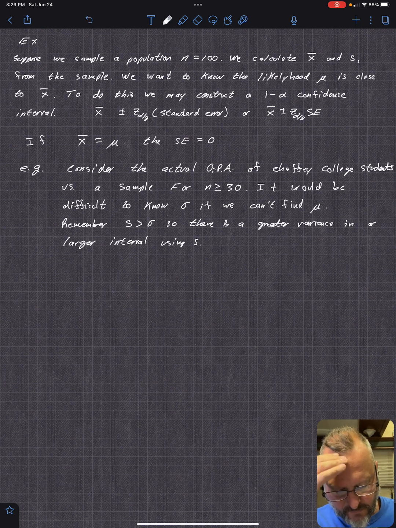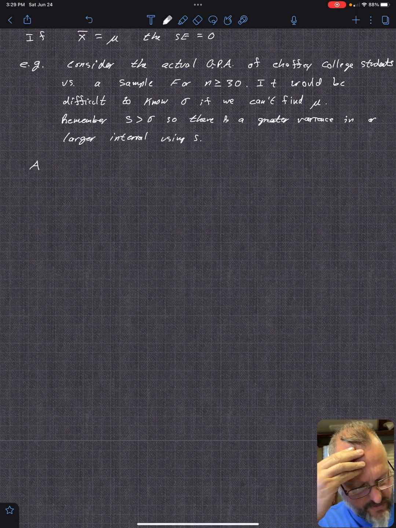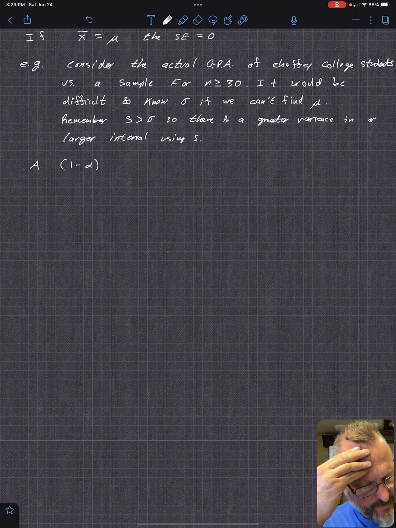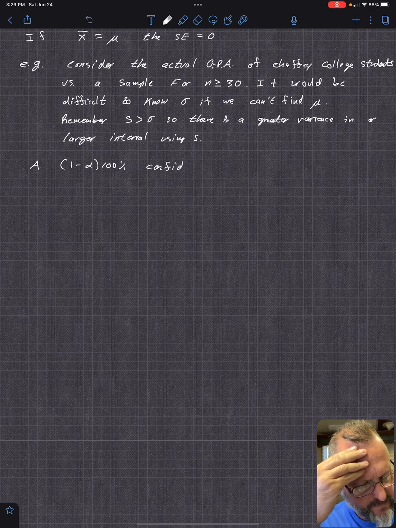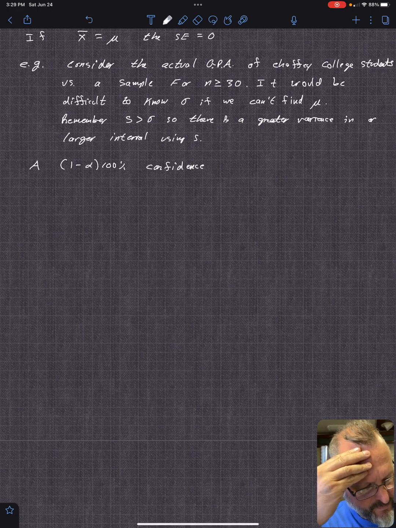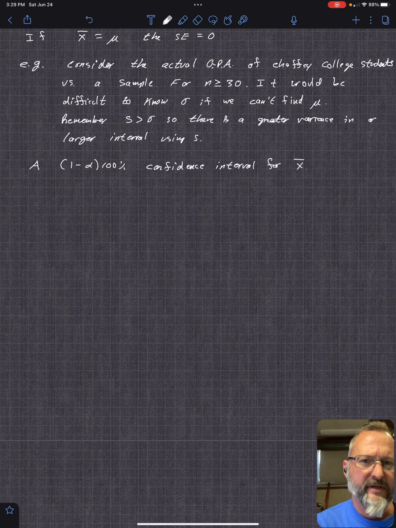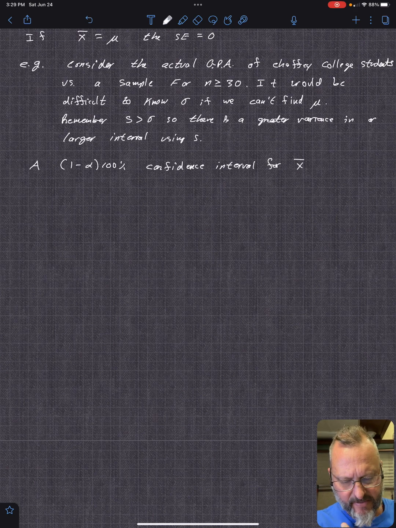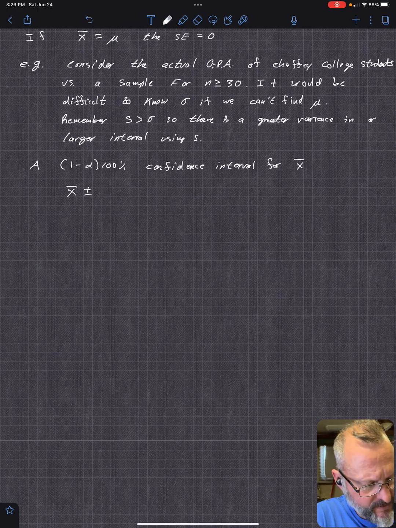All right, so let's look at how you do this calculation. A 1 minus alpha times 100% confidence interval for X bar, the mean GPA, would look like this. You'd say X bar plus or minus Z sub alpha over 2 times S over square root n.